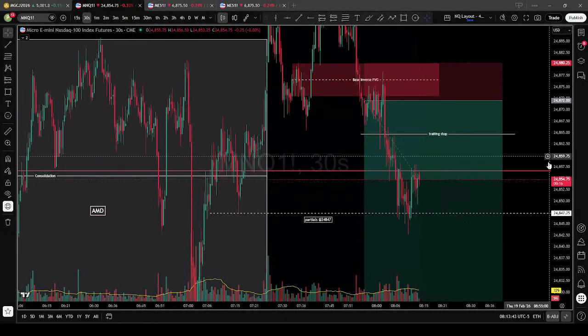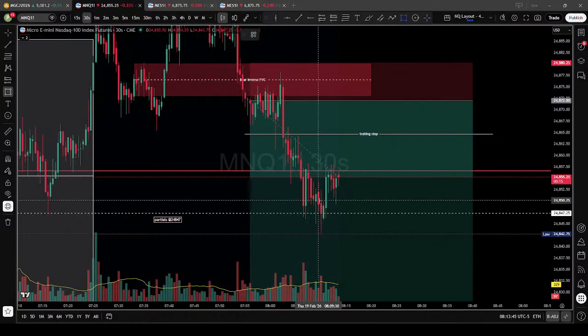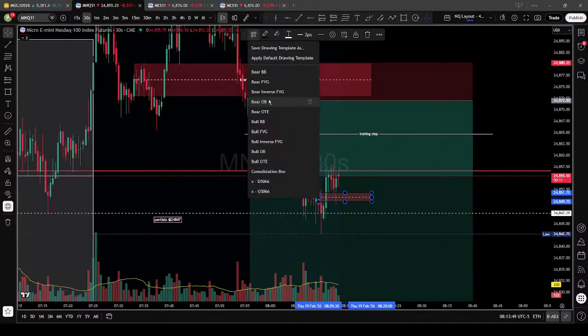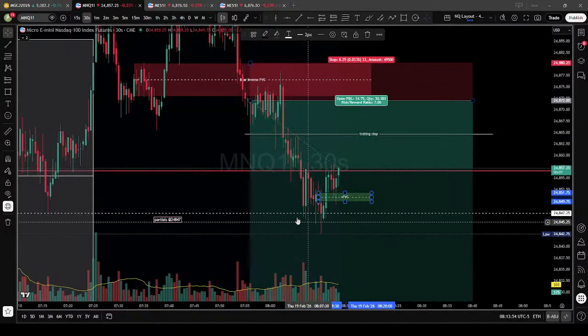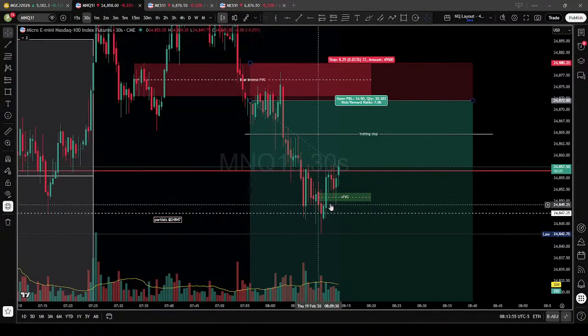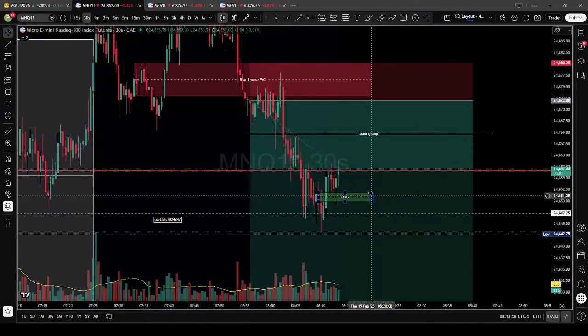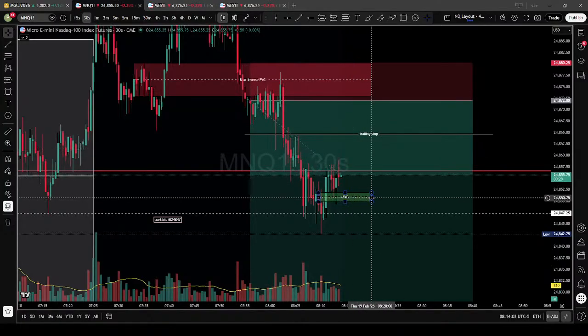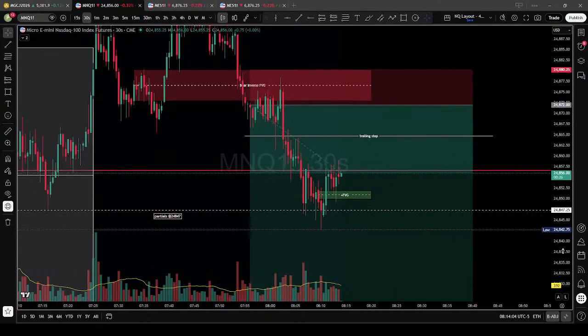On a 30-second time frame, we have this fair value gap right here. It's getting respected. My trailing stop is still here. If this fair value gap gets inverted, then we might be able to see another move downside.